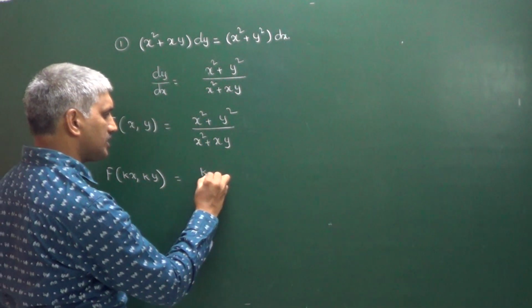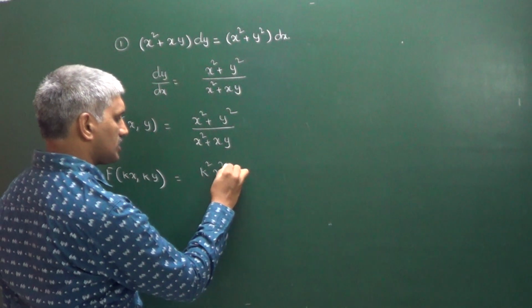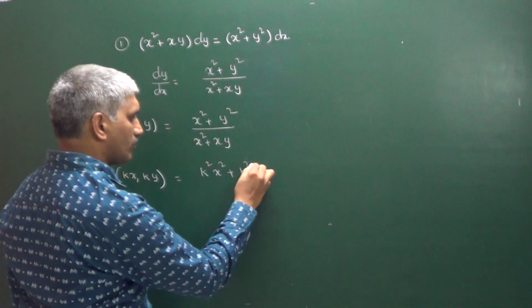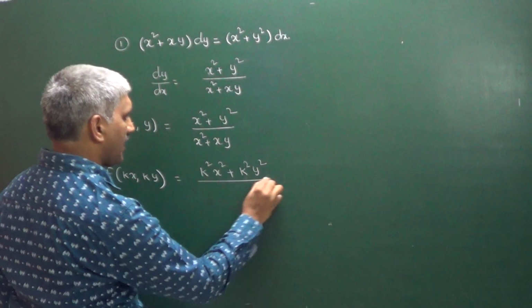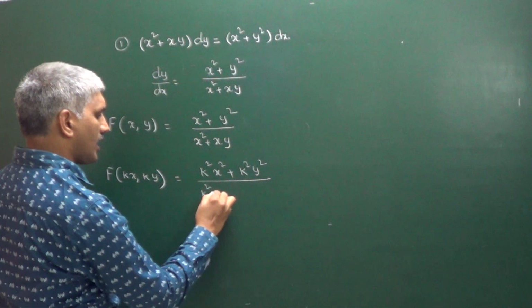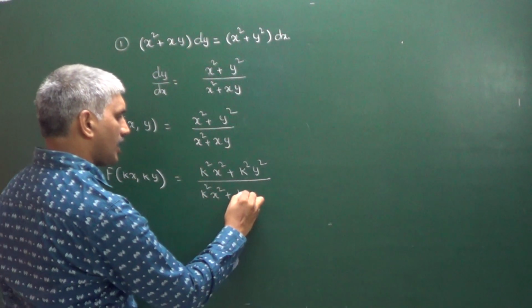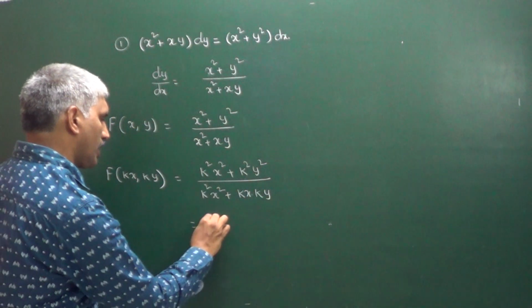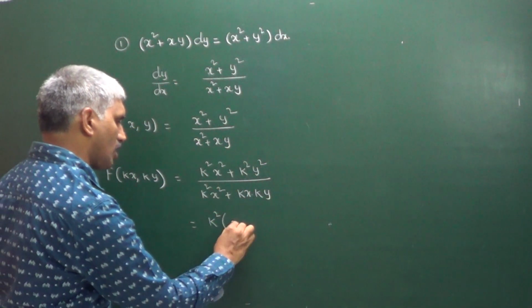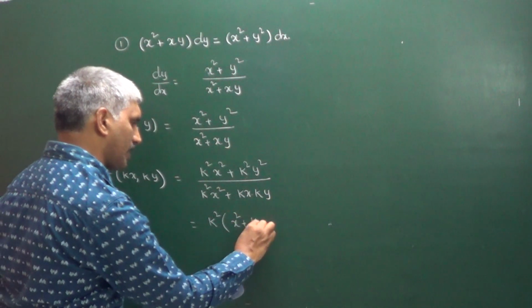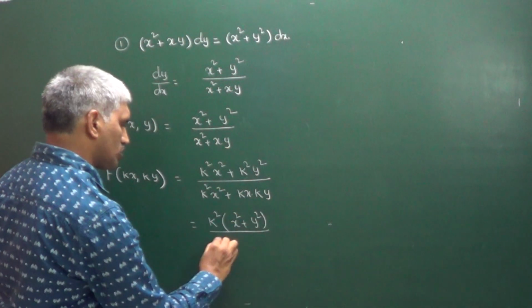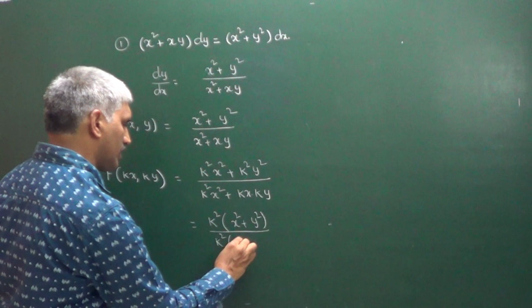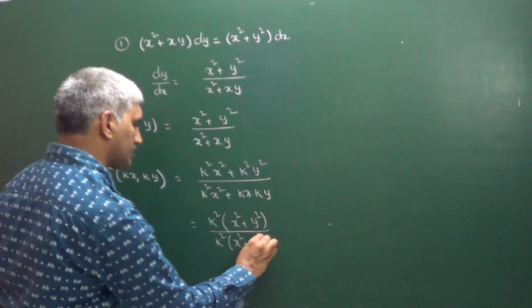Then what we will get? That is k square x square plus k square y square divided by k square x square plus kx into ky. Now in the numerator we can take k square common, we will get x square plus y square. In the denominator also we can take k square common, we will get x square plus xy.